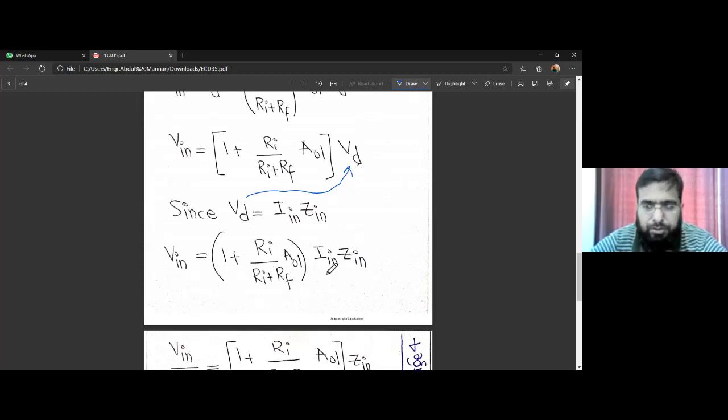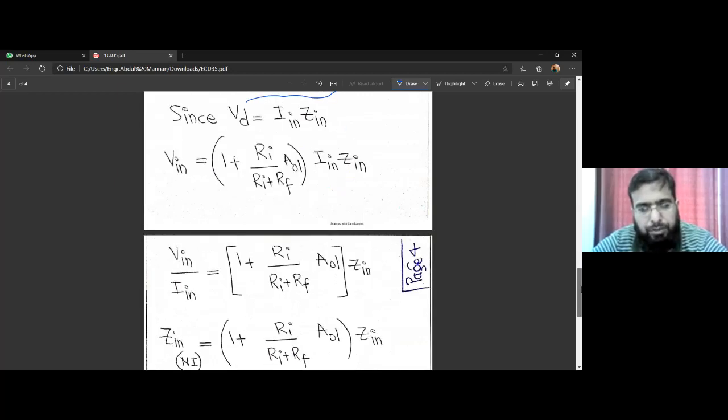Now we are very close to the value of Zin that we are supposed to calculate. We can divide by In, so we have V in over In, and we are left with this on the right hand side.